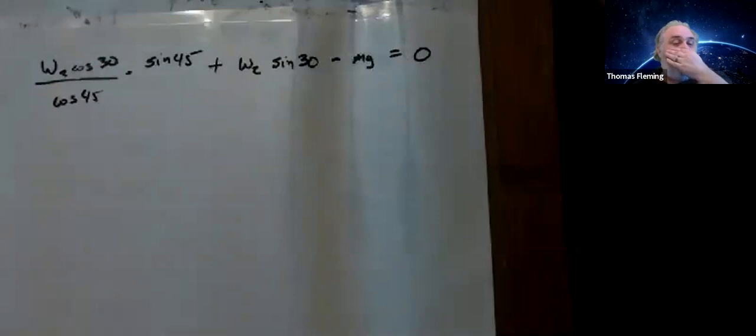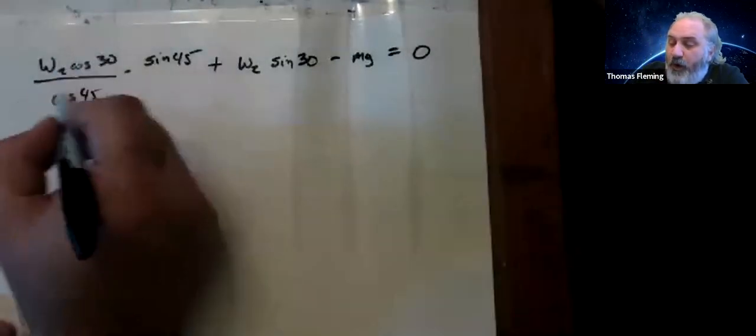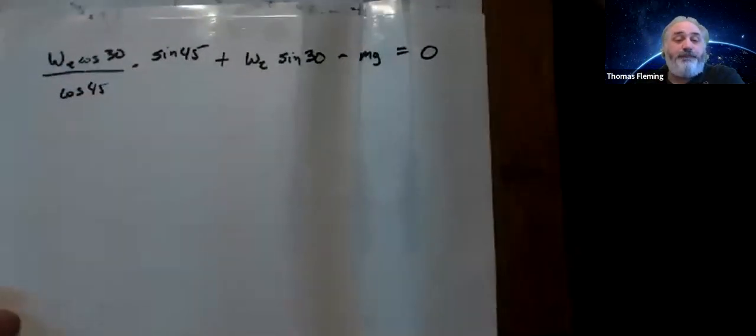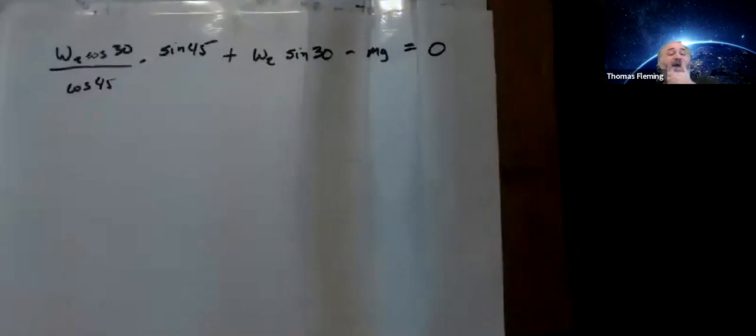So that's that other equation. I've just replaced W1 with what W1 equaled. It seems like it might be a little bit complicated, but it's really not. Let's simplify things down.